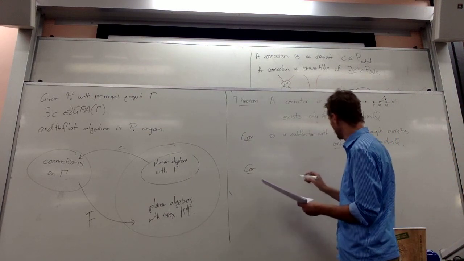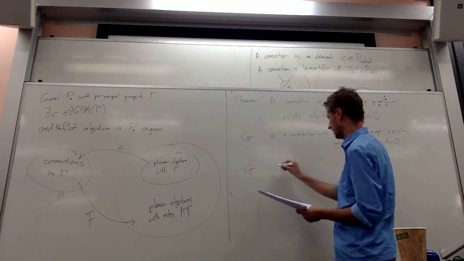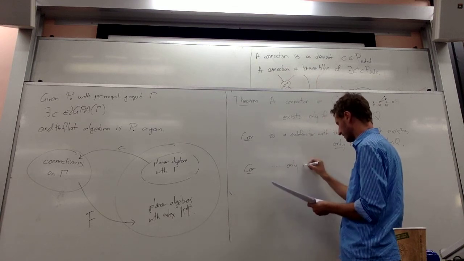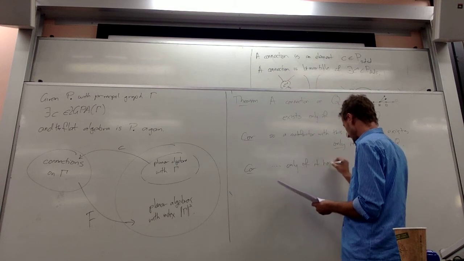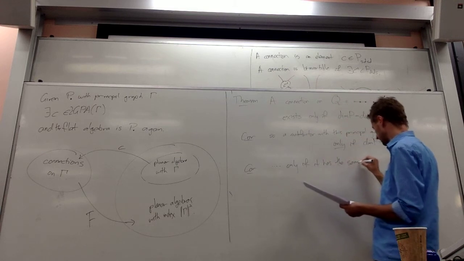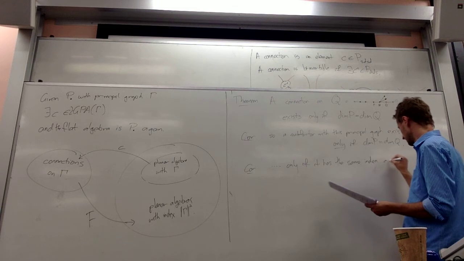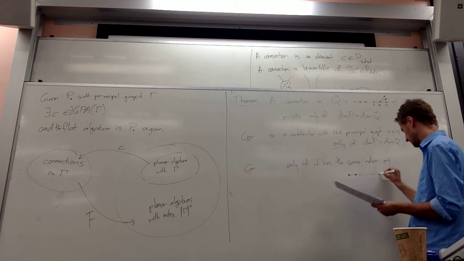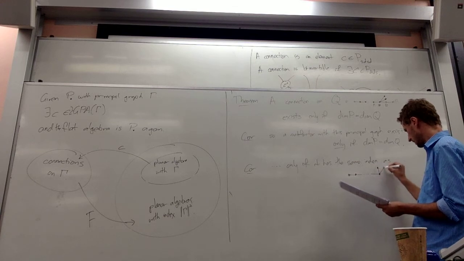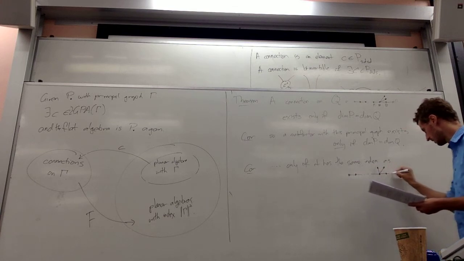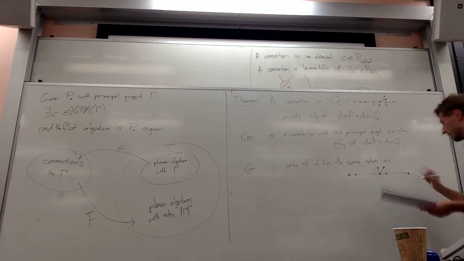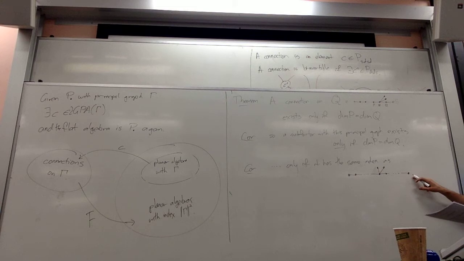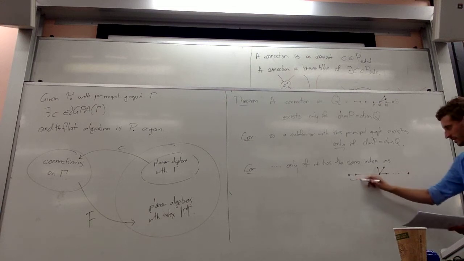So the corollary is that the subfactor only exists only if it has the same index as this guy, where it finishes here with just a long string of edges, exactly the same number as was over here.